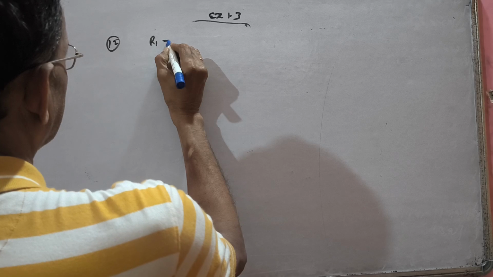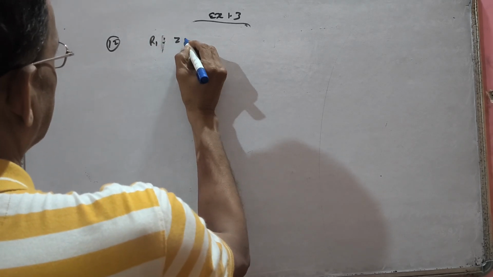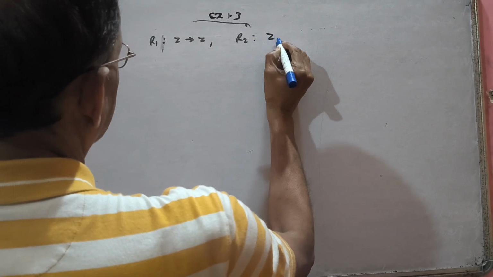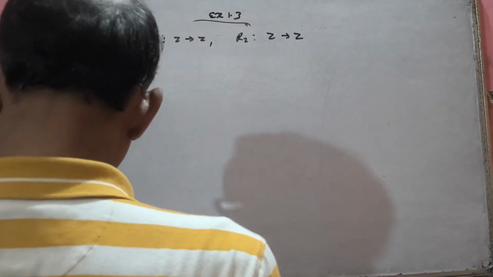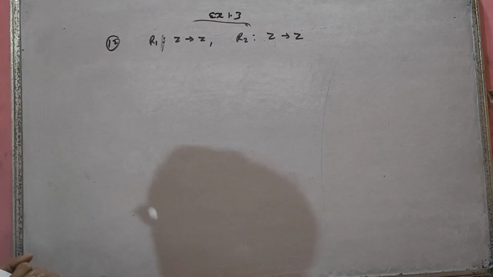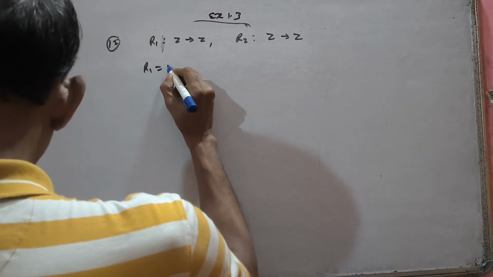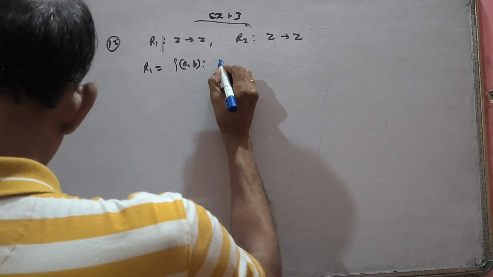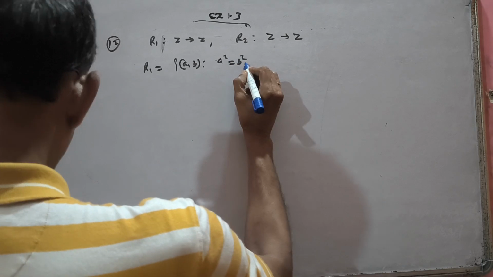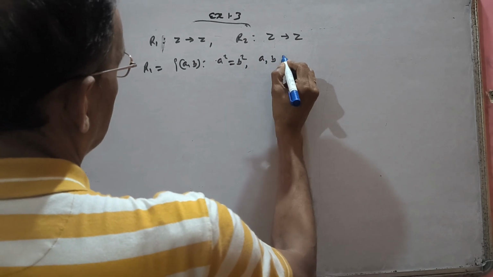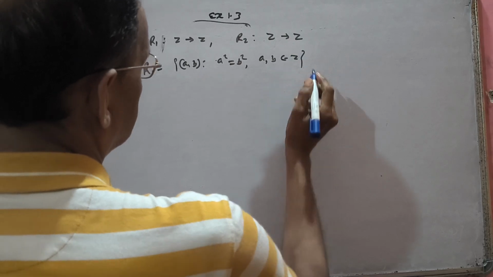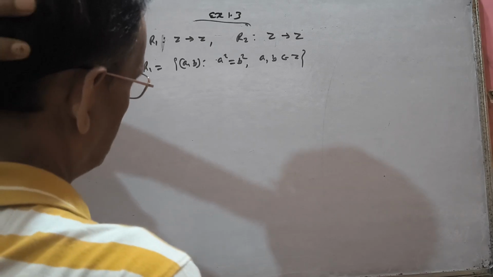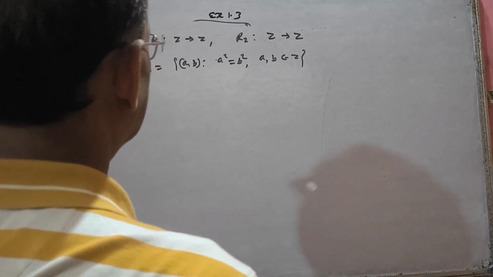R1 is a relation from integer Z to Z. R1 is defined as order pairs (A, B) such that A square equals B square, for A, B belonging to Z. Now see, Z is the set of integers.